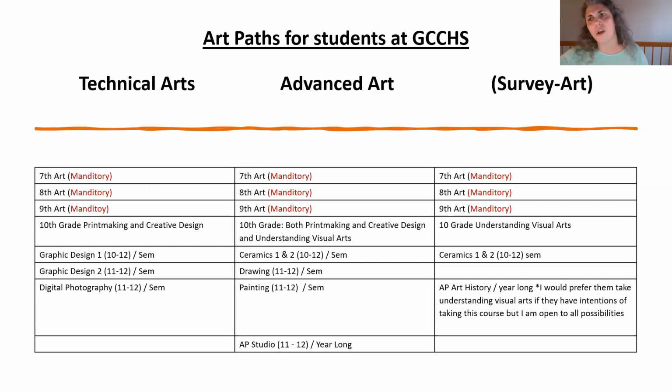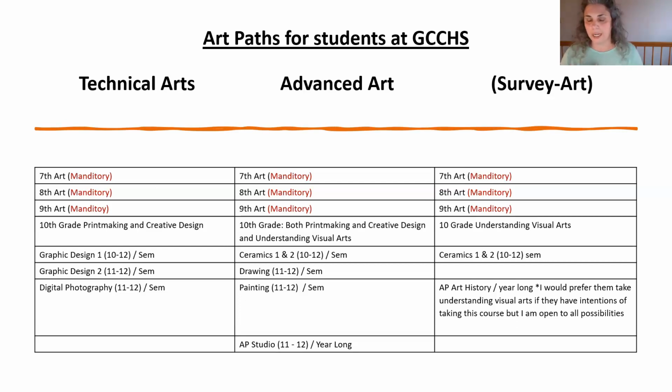And the survey arts are more for our students who, it's a requirement to take 2 credits of arts, and most art classes at our school are one semester. So they need 4 classes total if they're taking semester courses.